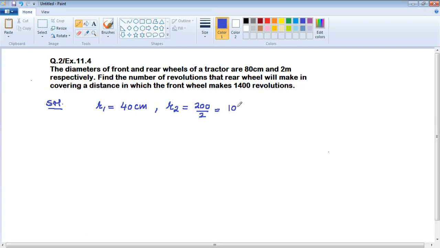So radius of rear wheel is 100 centimeter.